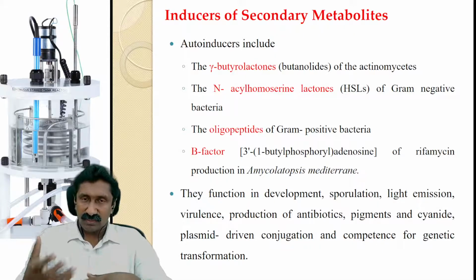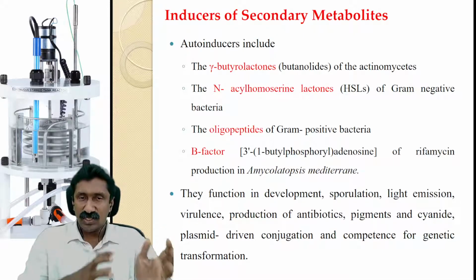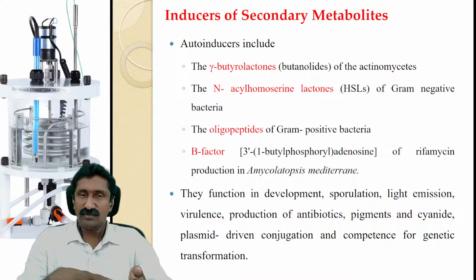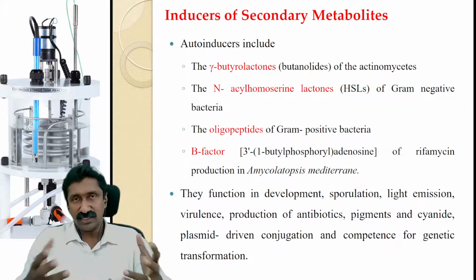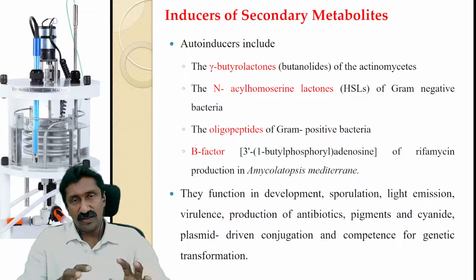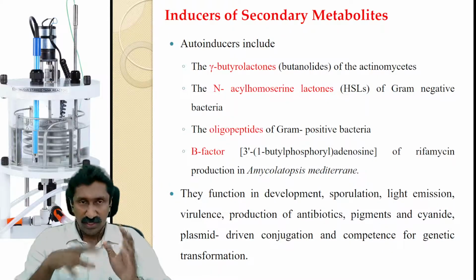It will produce some metabolite or secondary metabolite, and the resultant morphological change in the organism may be different, like sporulation, light emission or fluorescence, virulence of the organism, or production of an antibiotic or pigment. The morphological change will vary in different conditions, but all these types of changes require some type of autoinducer.